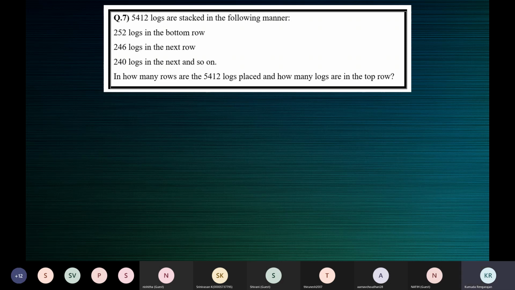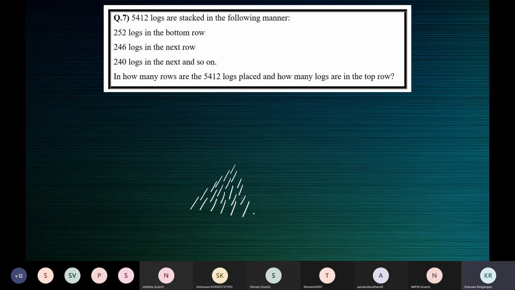I will just take an example. Supposing we stack logs like this: 6, like 1, 2, 3, 4, 5, 6. And on top of that, 1, 2, 3, 4, 5. On top of that, 1, 2, 3, 4. Then 1, 2, 3, 1, 2, and 1.